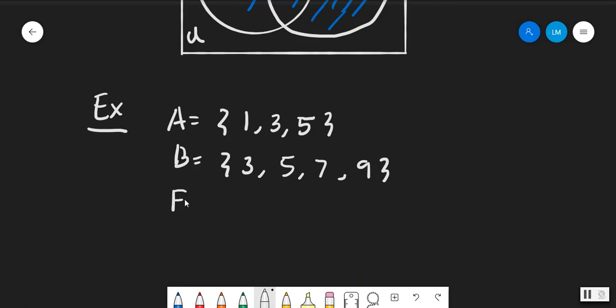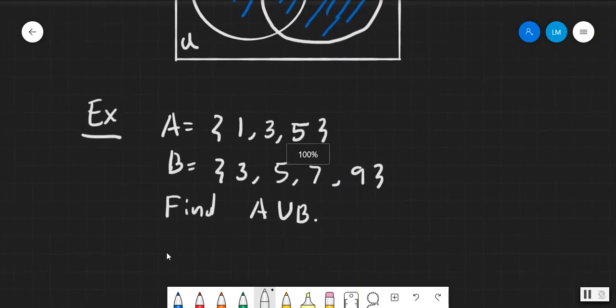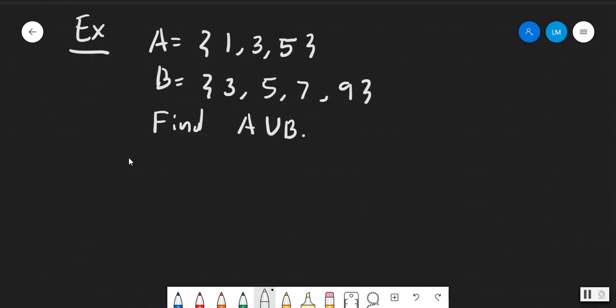We just want to find the union of the two sets. Well, the easiest way to do this is to remember that a union is really just the set of elements that are in A or B, or it's actually just the whole collection.